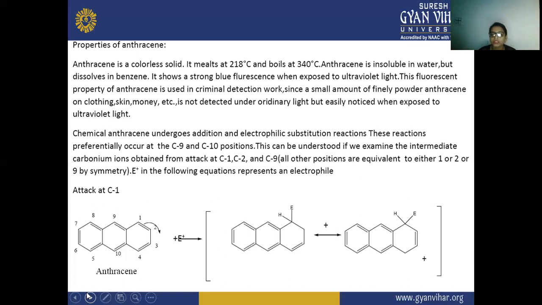A very small amount of finely powdered anthracene applied on clothing, skin, money, etc. is not detectable in ordinary light, but under ultraviolet light it shows a blue fluorescence.